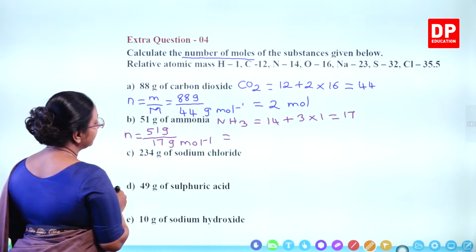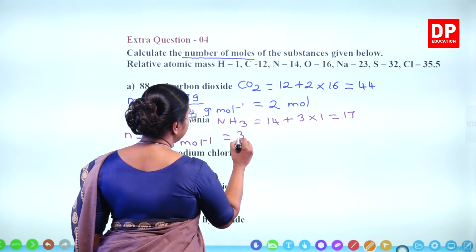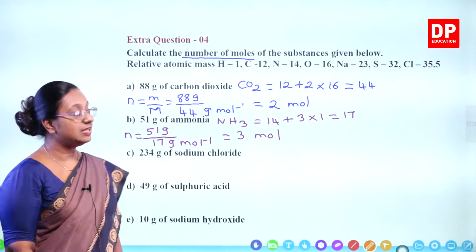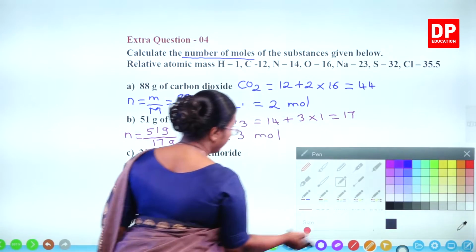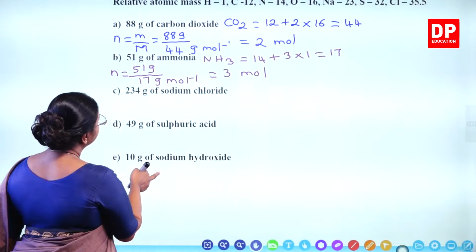So what is that equal to? This will be 3 moles. 51 divided by 17, 3 moles. So that is the next one. Then we will look at the third one.